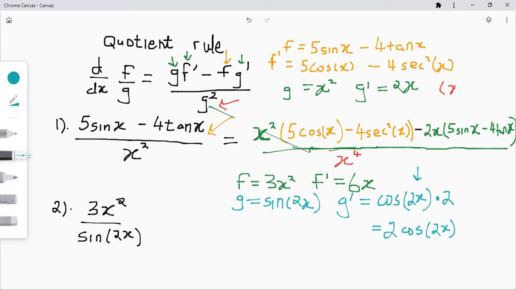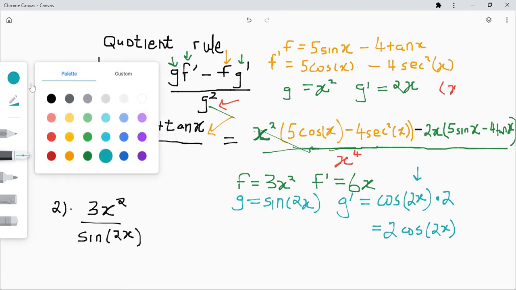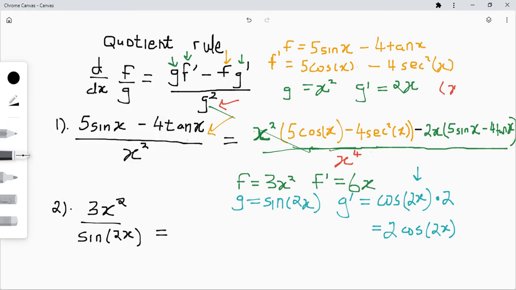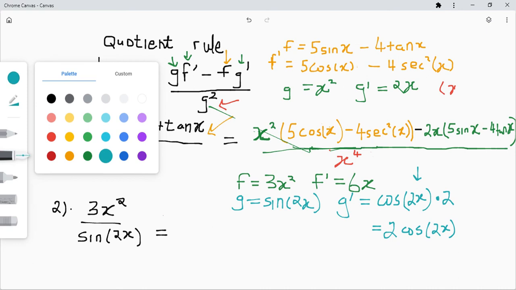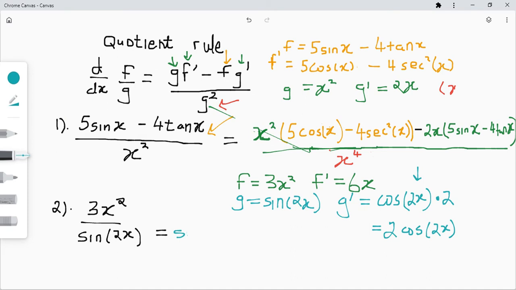Now we can put this into the formula, as the formula states. We start with g, which is sine 2x.